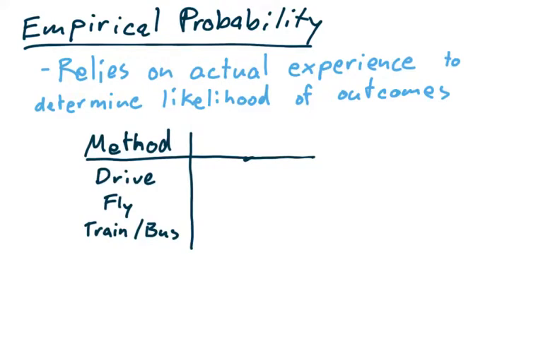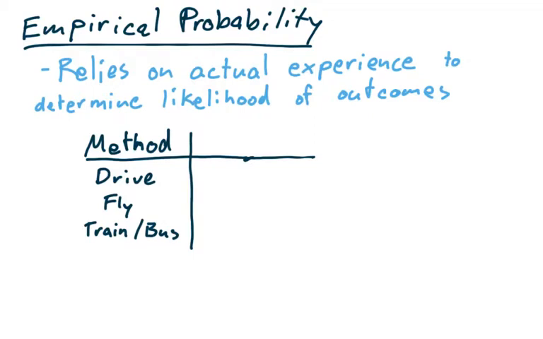In this next situation that we're going to use for a couple of different examples, we have said, okay, so this researcher, they're interested in what people are going to do in terms of traveling over the Thanksgiving holiday. So they ask 50 people, are you going to drive or fly or take public transportation, a train or a bus?